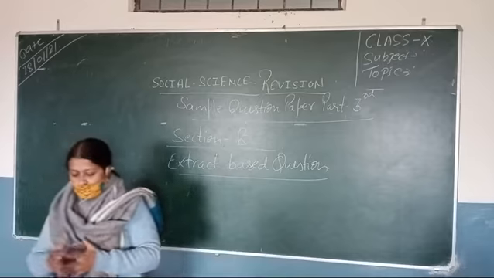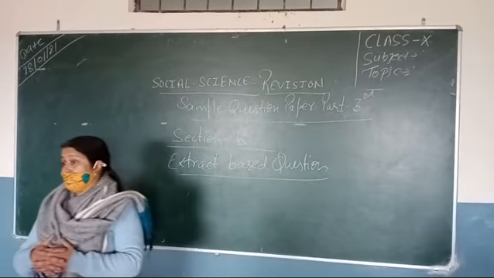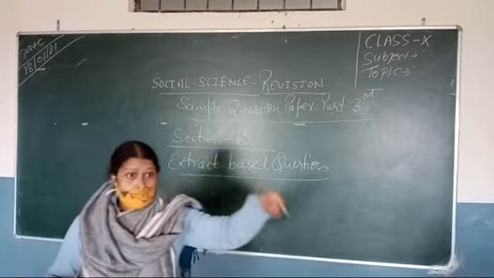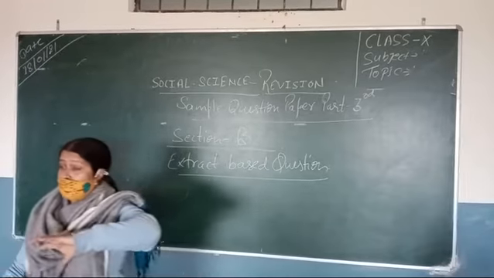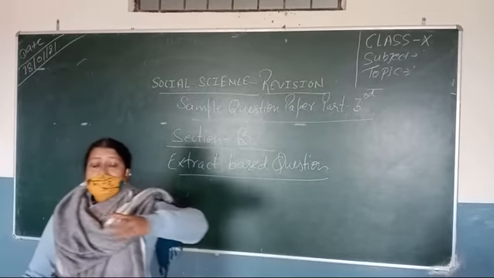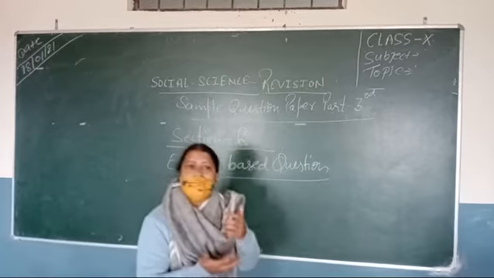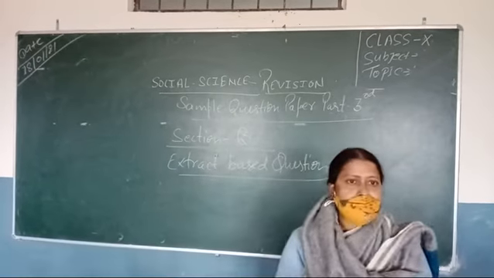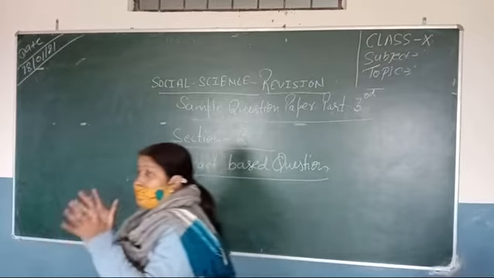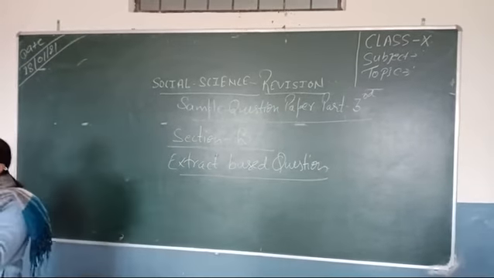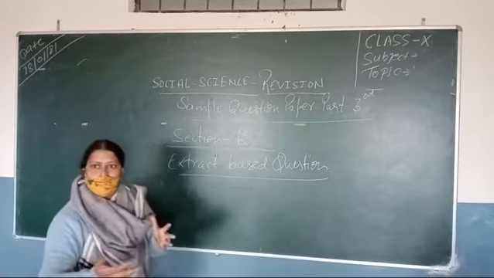Earlier we talked about the non-cooperation movement. Now the boycott. When we say the boycott movement, what was its effect on foreign trade? How badly was the foreign textile trade affected with the starting of the boycott movement? You have to explain this.